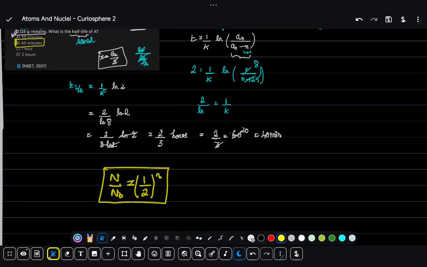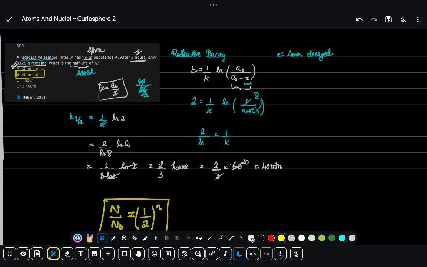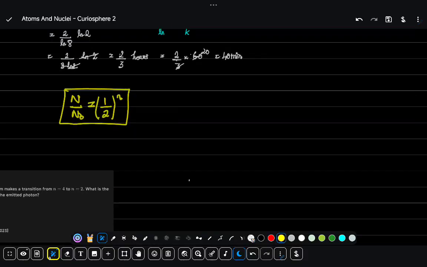Now if you substitute, after 2 hours only 0.125 grams left. Initially how much gram it was? N naught is 1. How much was left after some time? 0.125. Okay, 1 by 2 power n.